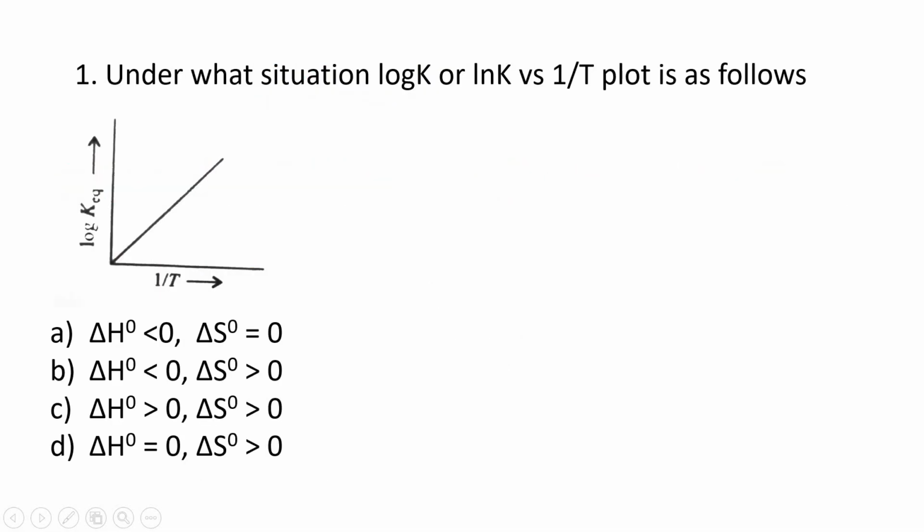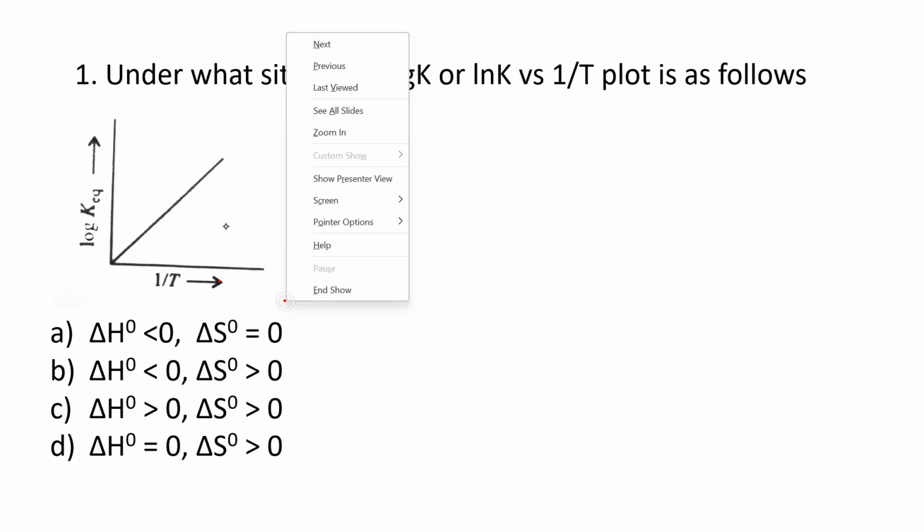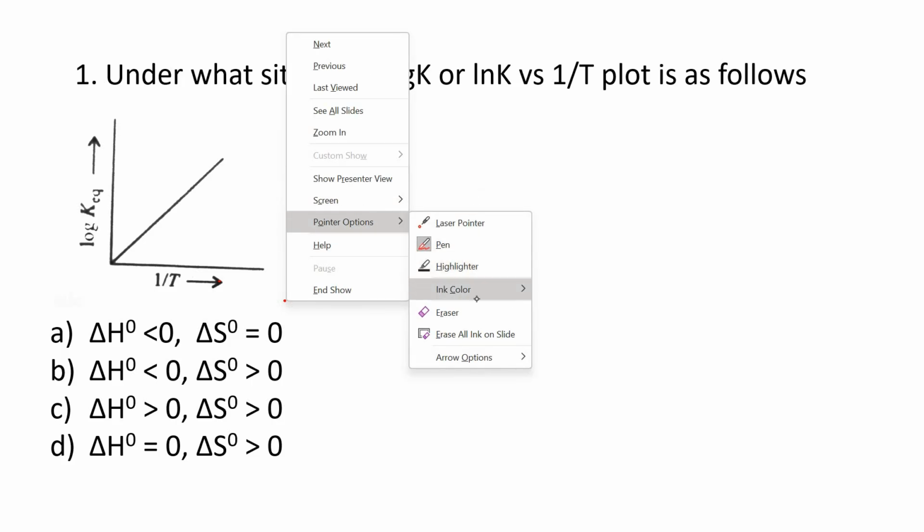Our first question is, under what situation is the log K or ln K (ln is equal to 2.303 log, we know) versus 1 by T plot as follows.